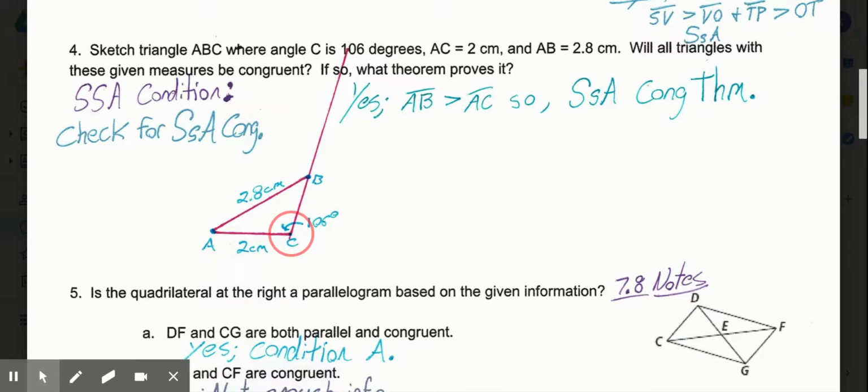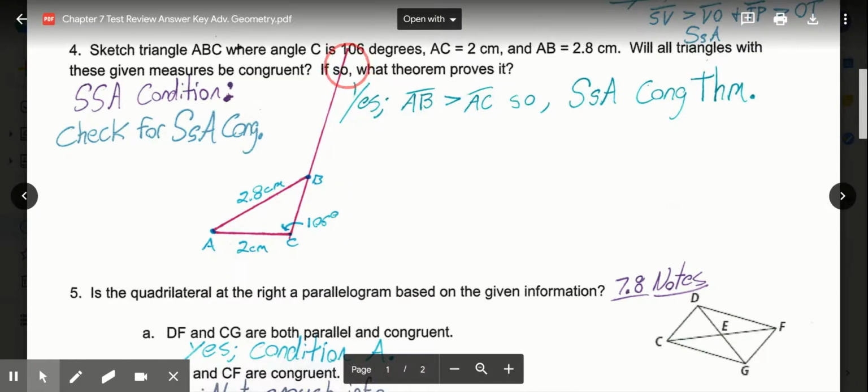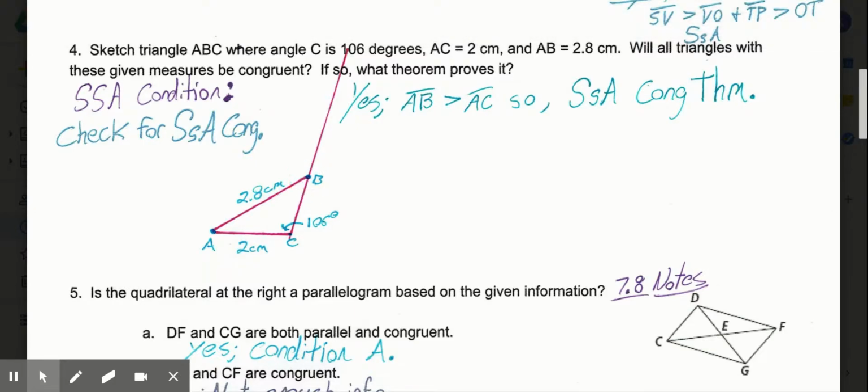Then I set my protractor at point C, measured to 106 degrees, because we want the 106 on the interior. And then I put a mark up here where I knew 106 degrees was. I just drew that line all the way to that mark. And then to figure out where to place B, I set my ruler at point A, shifted it until the 2.8 centimeters hit this line for C, and that is where I knew to put point B.